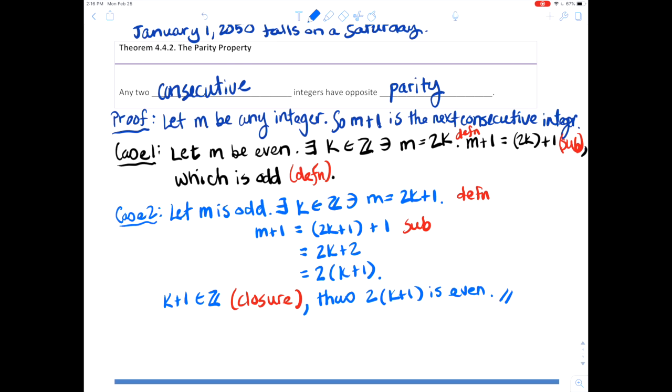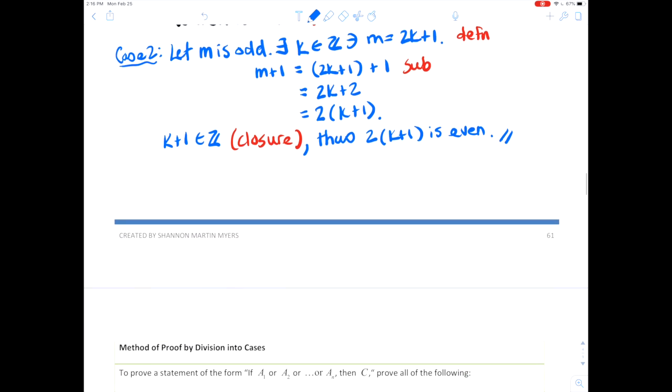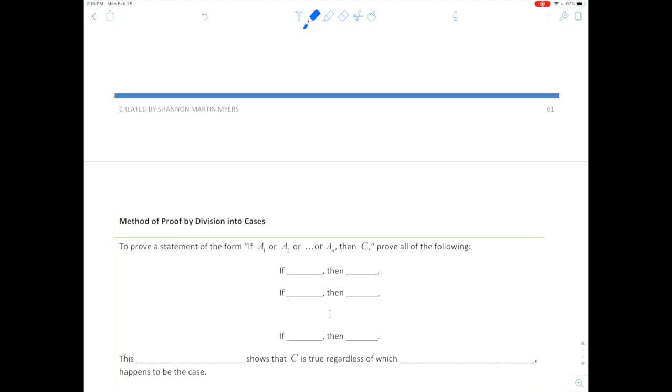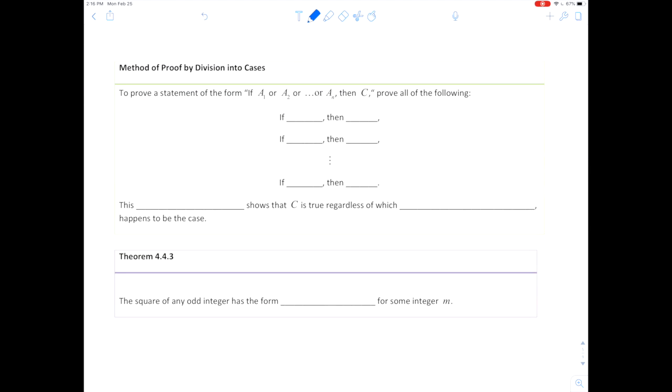All right? Okay, so next up, method of proof by division into cases. So we just did this, but let's fill in what the steps were. To prove a statement of the form, if A1 or A2 or ... or AN, then C, prove all the following. You've got to prove every case.